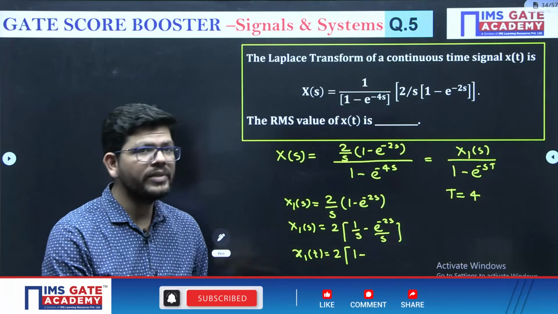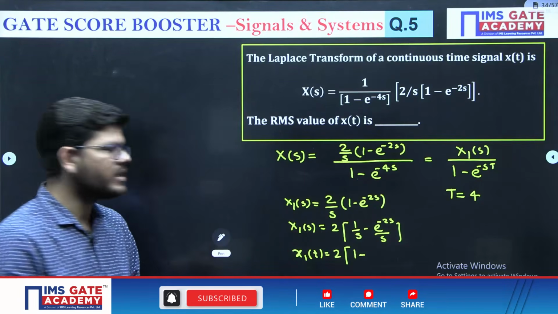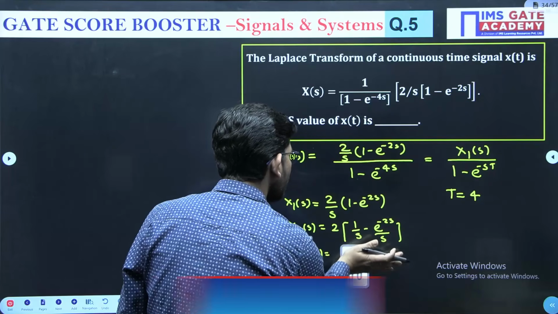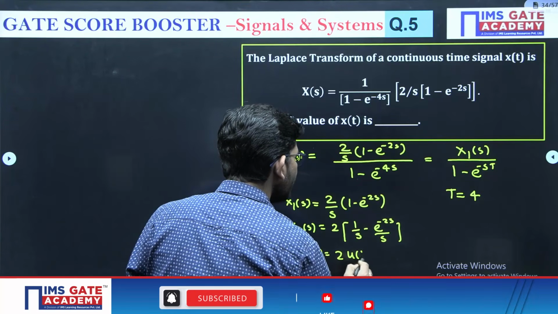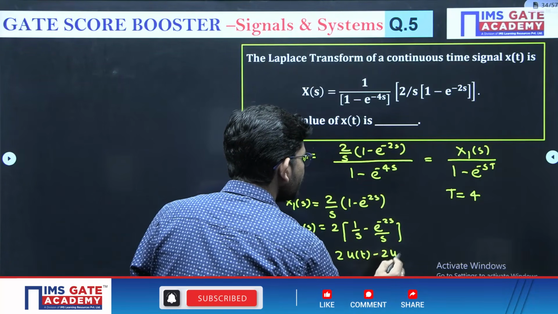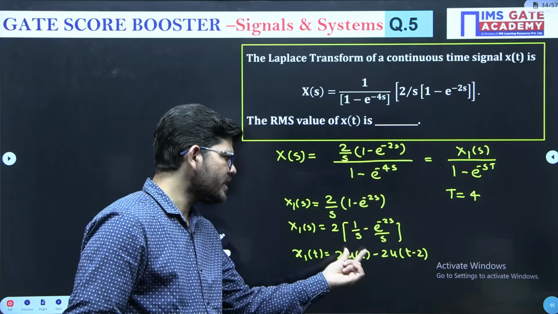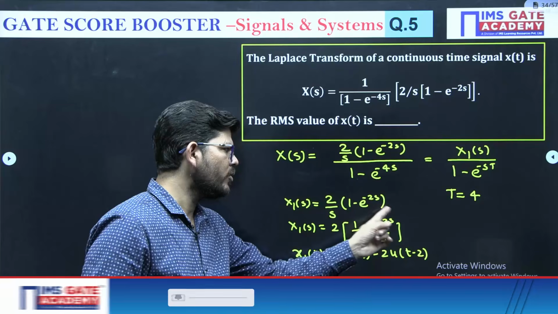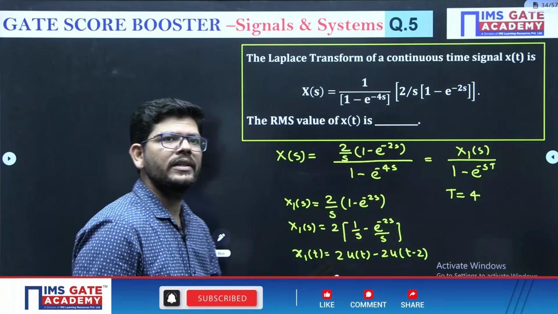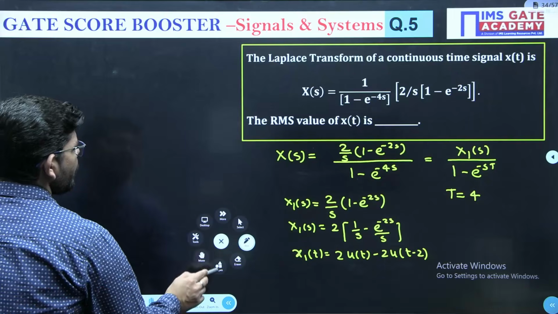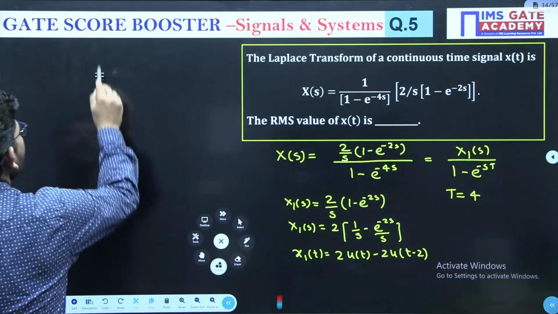If I have u(t minus 2), then the Laplace transform will be e to the power minus 2s upon s. So I can write it as 2 times u(t) minus 2 times u(t minus 2). Okay, so this will give you the Laplace transform 1 upon s. This will give you e to the power minus 2s upon s, right? So I got my signal x1(t). Now let me draw this signal only.